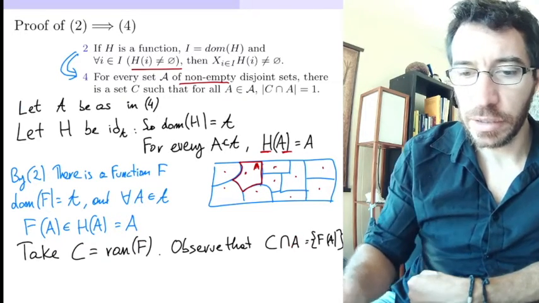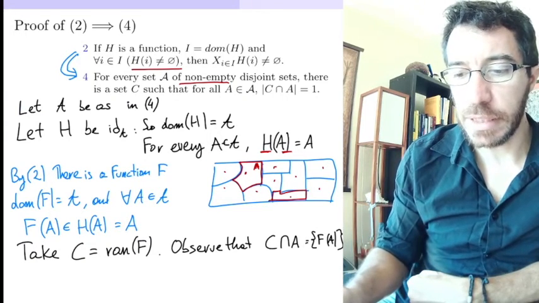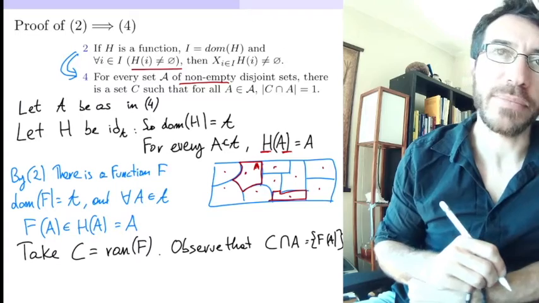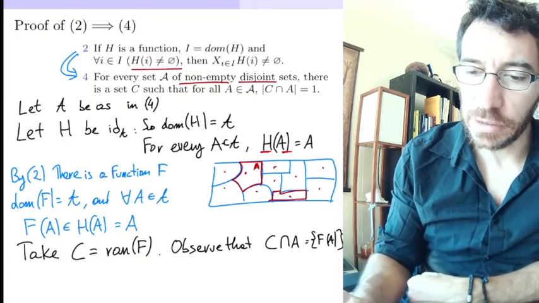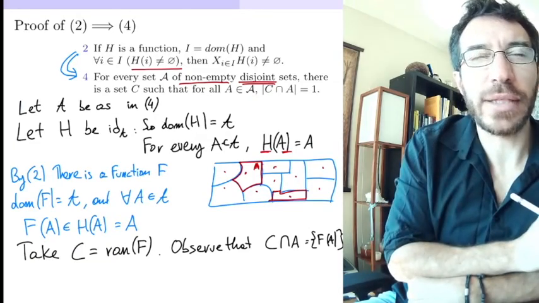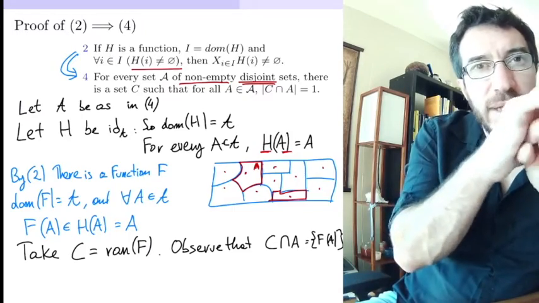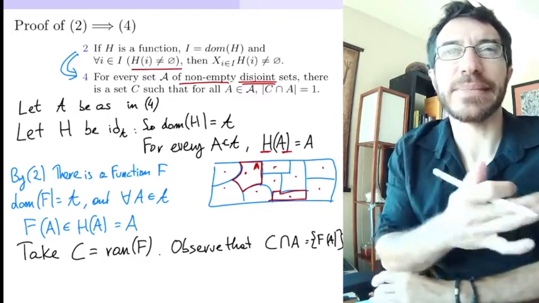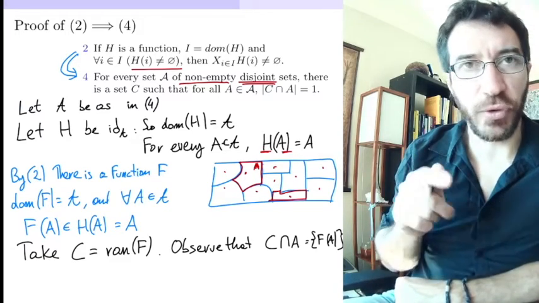So if you take another set B, its image is not going to be in A because they are all disjoint. That's where we use the fact that they are disjoint, to make sure they intersect in exactly one point. If they weren't disjoint, we might not be able to make sure they intersect in exactly one point, because maybe one is inside the other and it gets complicated. Okay, so that's how we prove 4.